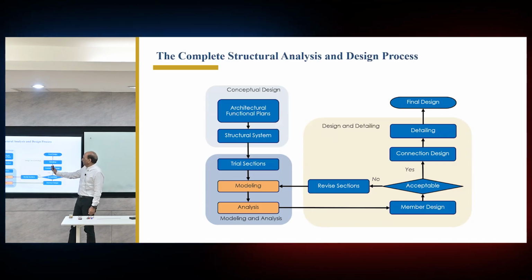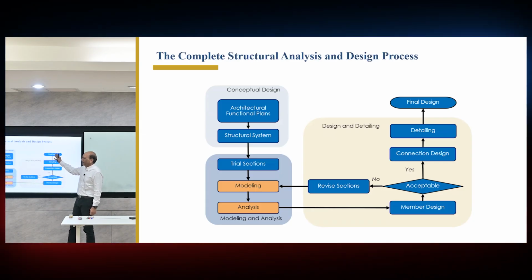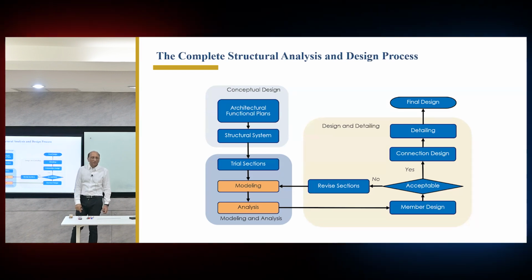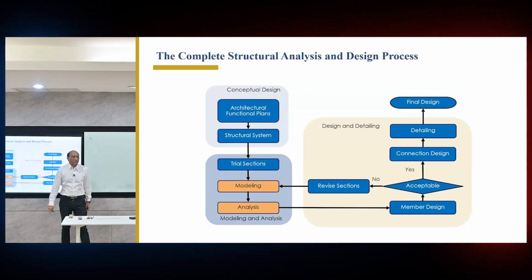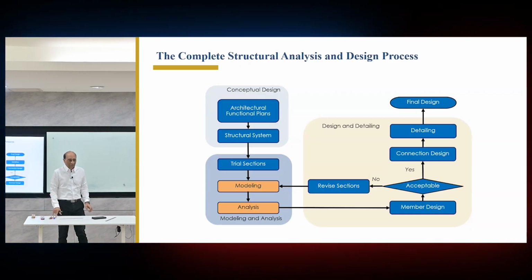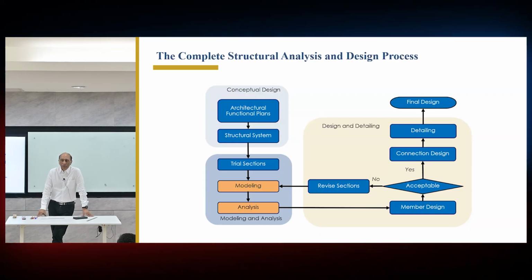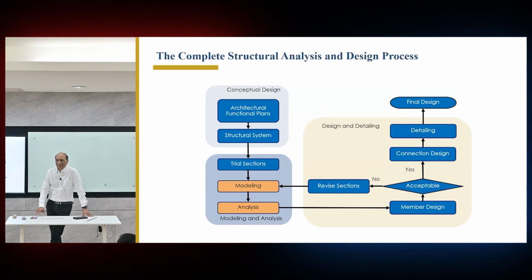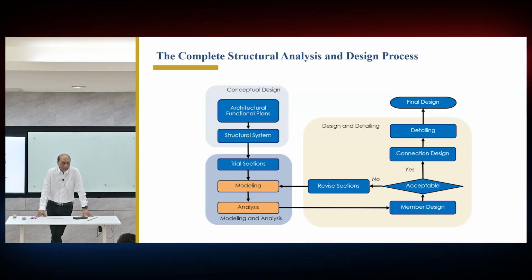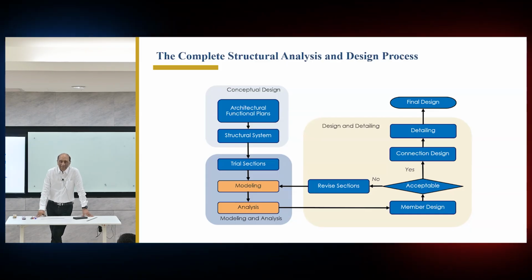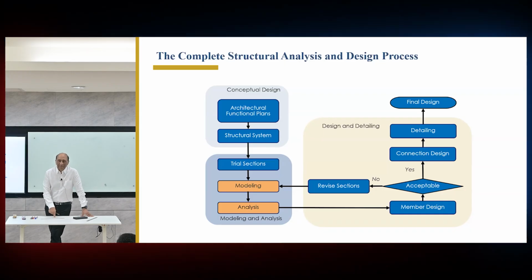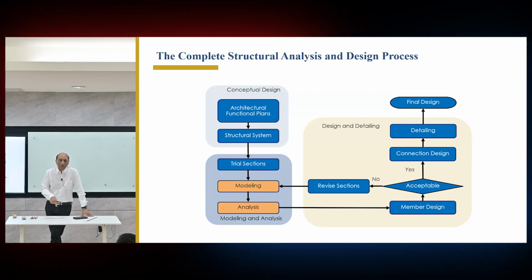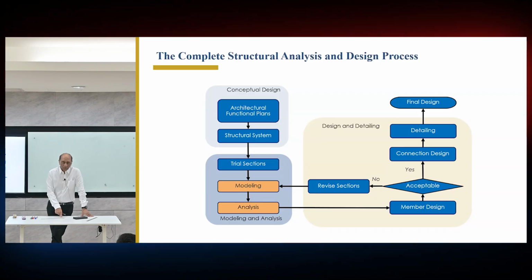Then we go to connection design, detailing, and final design. So we have a loop here which ensures that the response will be acceptable. We cannot go outside this loop until it says acceptable response. So do we now understand completely why we need modeling, why we need analysis, what is design, how important modeling is, how approximate the model can be, and so on.